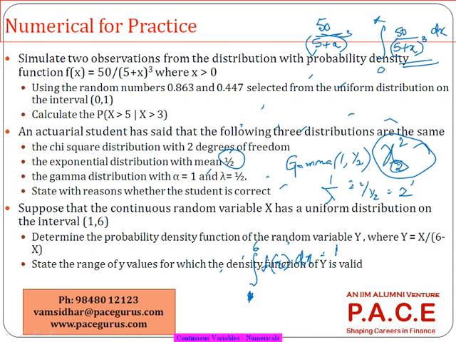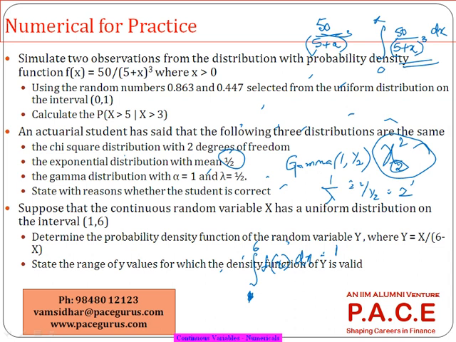Because when I am integrating x between 1 and 6, whatever that f of x, that uniform distribution, is, I can very well say the uniform distribution is nothing but 1 by 5.